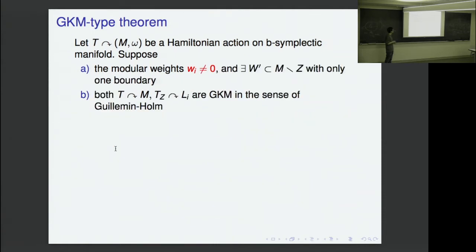And if the modular weights are non-zero, then we will do this symplectic cutting, and then apply the GKM theorem to the symplectic cut, and then get a GKM-type theorem, and then translate the results back to the manifold itself.